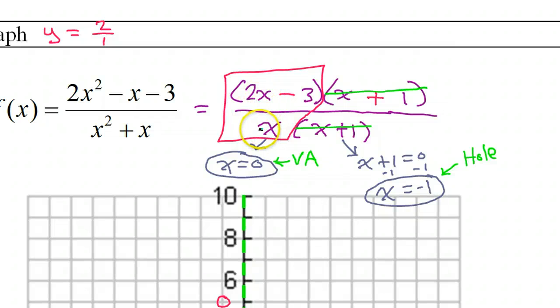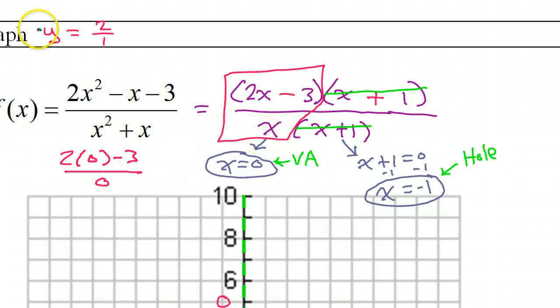If I let x be 0, then that would have me putting 0 in the denominator, because x is in the denominator. So it'd be like I'd have 2 times 0 minus 3 over 0. You can't divide by 0. This is undefined.